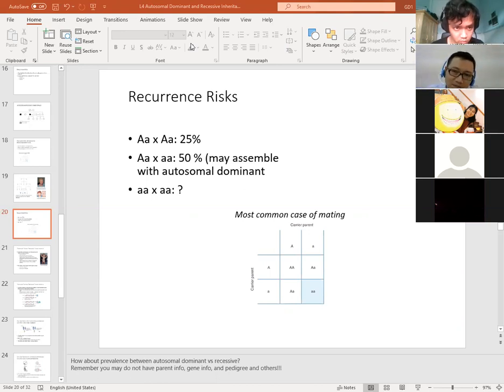So I think the recessive one is more common because the dominant individuals will die earlier, and the recessive alleles can be transferred to the next generation. Okay, that's correct. Good.